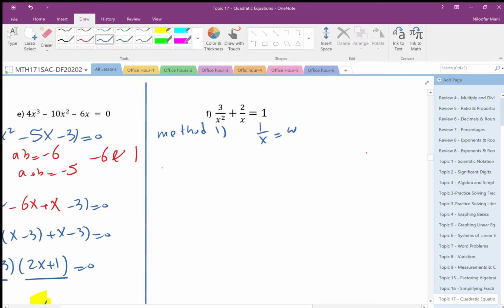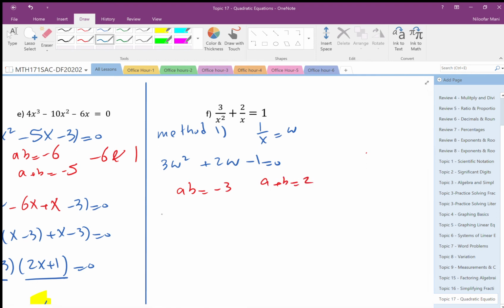So I have 3w squared plus 2w minus 1 equals 0. Now I factor. I'm looking for two numbers: if I multiply them, minus 3, if I add them, 2.